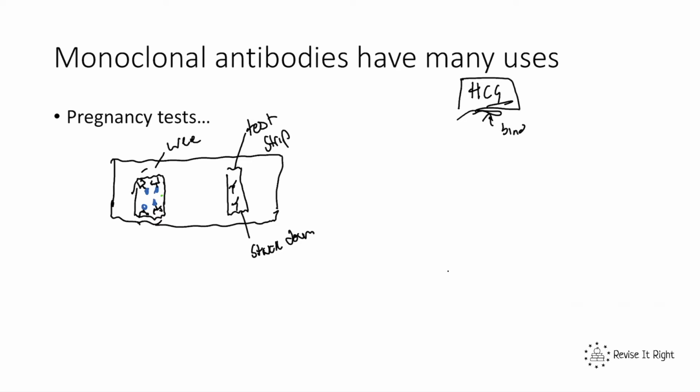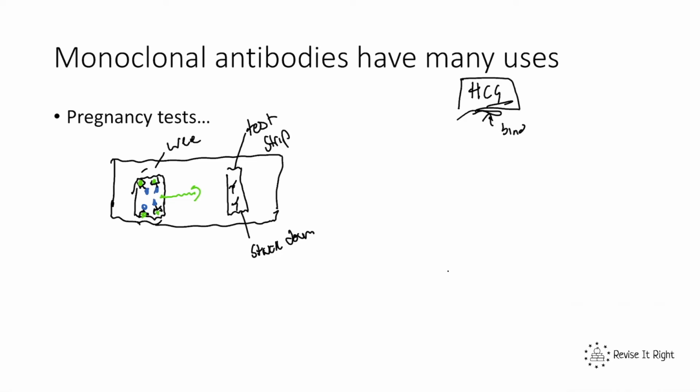Now let's go through what happens then when the lady is pregnant. So the lady will obviously wee on the area where she will wee. And what will happen is the hormone, the HCG that's in her urine, will bind to these monoclonal antibodies. And what will happen is the urine will start moving up the test stick, carrying the hormone and the beads with it.